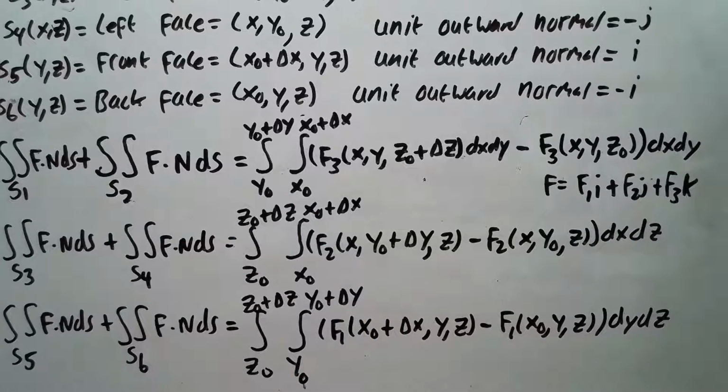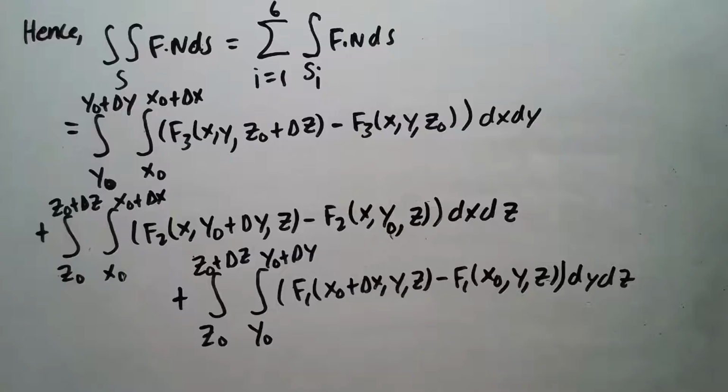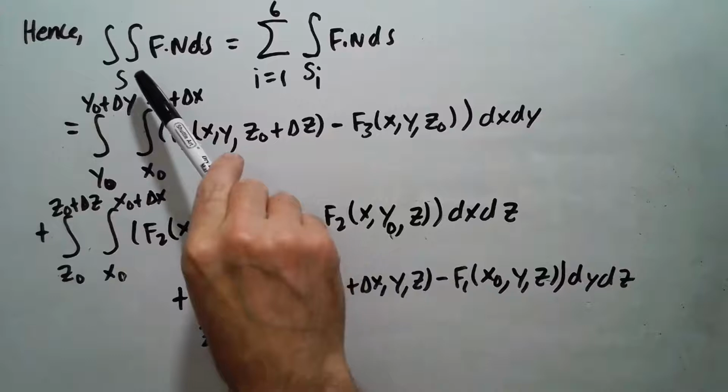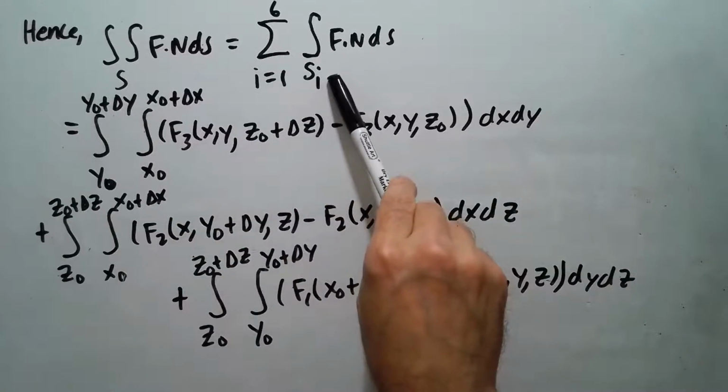So let's summarize what we have. We've computed now the left-hand side of the divergence theorem for our example, the rectangular box. It'll be the sum of the six faces.